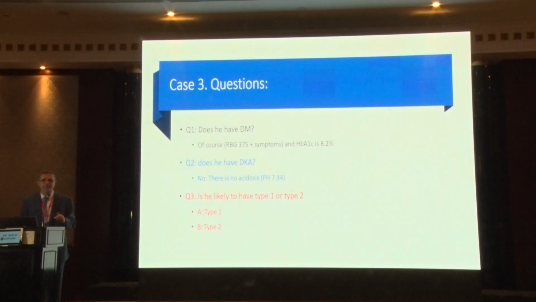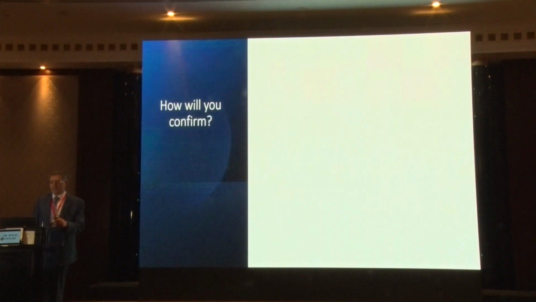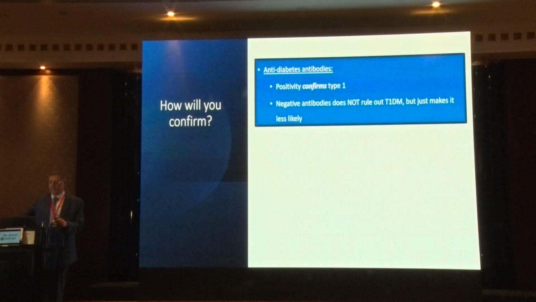When we receive those patients, usually we have to do two components. The first one is the anti-diabetes antibodies. If they come back positive, piece of cake, we confirm type 1 diabetes. So we finish the workup regardless of the phenotype.